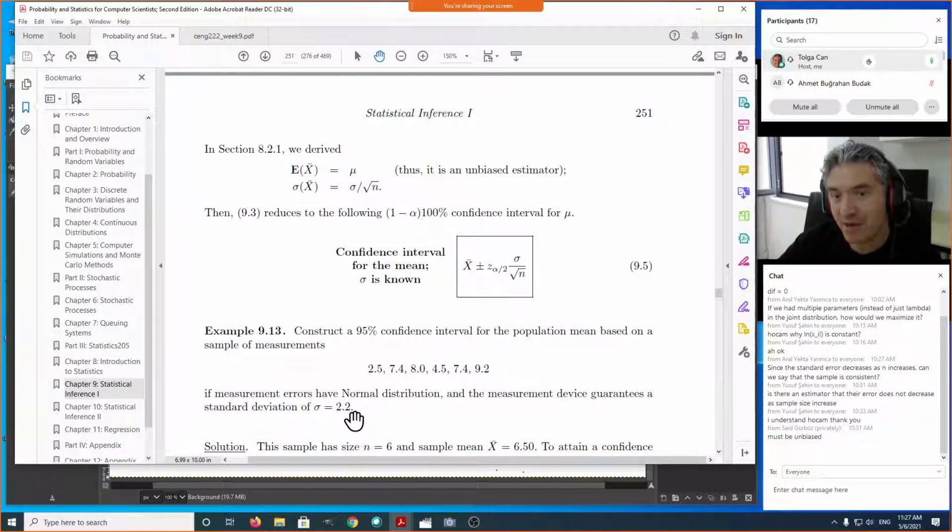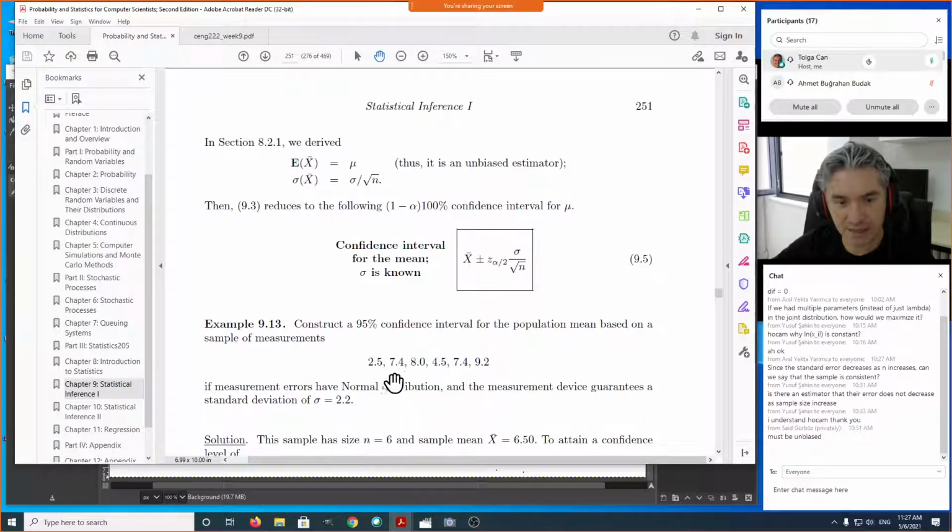The error in the measurement device is your standard deviation most of the time, and it's provided to you when you buy that measurement device. So the standard deviation is given to us by the thing that we buy. So the measurement errors have normal distribution. The measurement device guarantees a standard deviation. So we are going to compute.